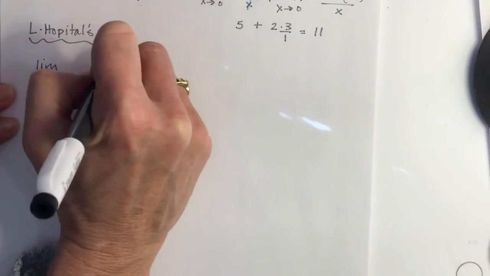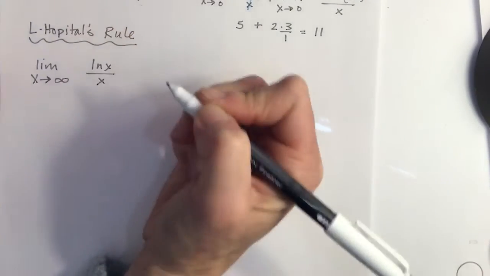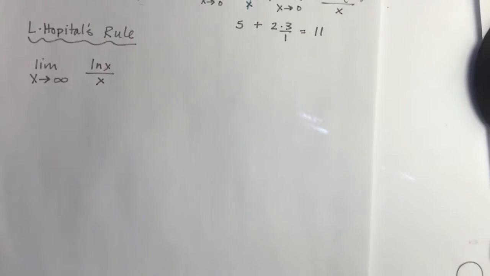We have ln of x over x, and we plug in infinity here. We'll get infinity over infinity, which is also that indeterminate form, right? That doesn't determine anything, just like 0 over 0.